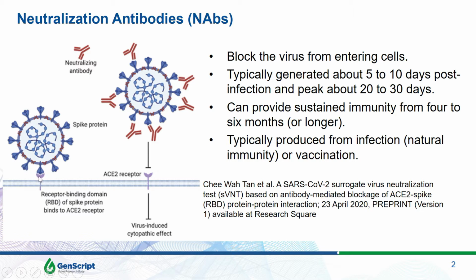In order to abrogate this binding event, we generate antibodies in our immune response, and some of those antibodies will bind in such a way to the virus, as we see here, that the virus can no longer bind to the ACE2 receptor. And these are called neutralizing antibodies.